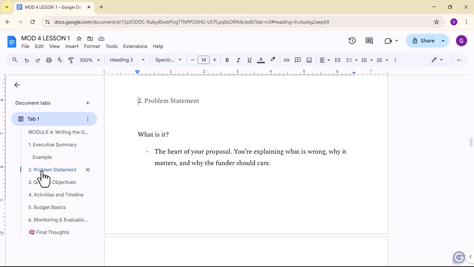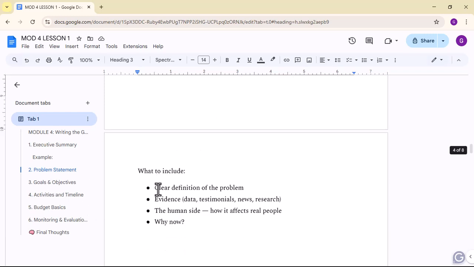You are creating urgency, and you want funders to care that, oh, this problem, if not solved, can escalate. It can become more chaotic and bring more issues. So what you want to include in the problem statement is a clear definition of the problem.